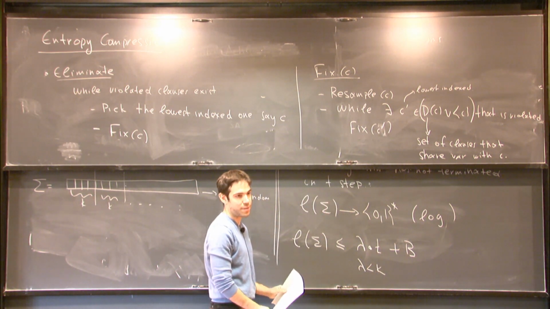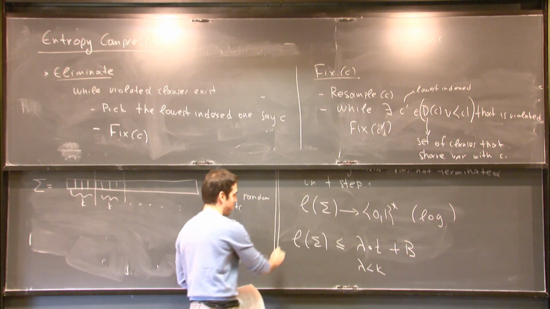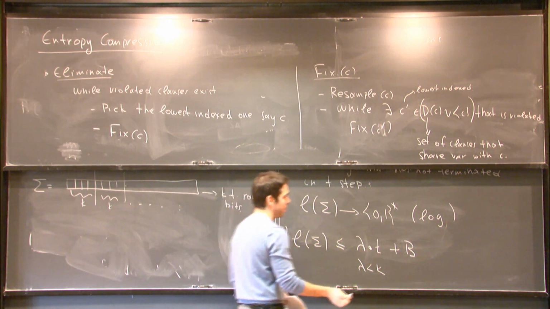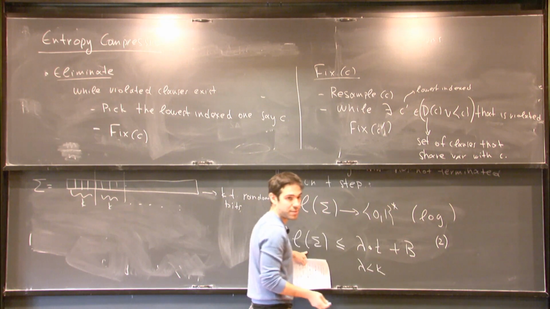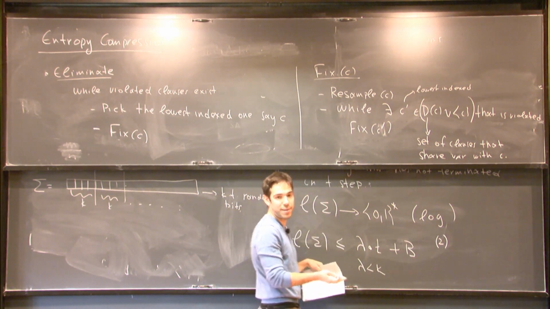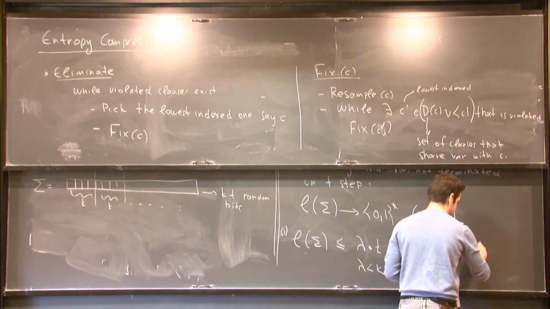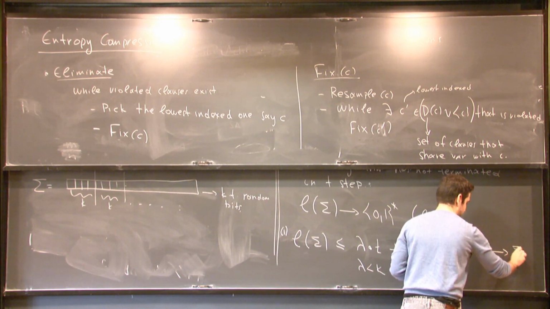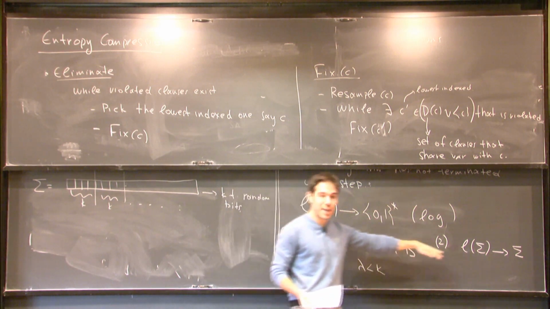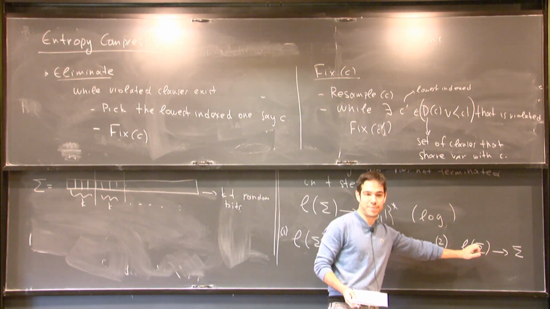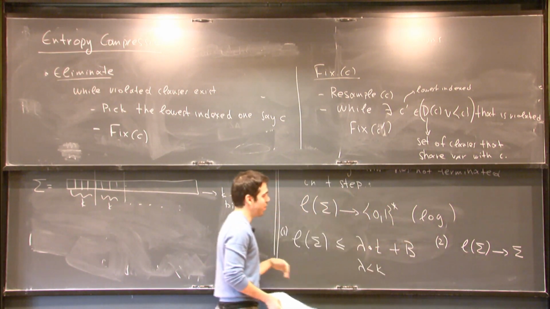Property 2 is that given L of sigma, I can get sigma back. So this is a lossless compression. Given L of sigma, I can uniquely reconstruct sigma. Does that make sense?